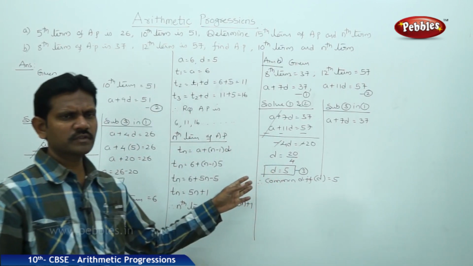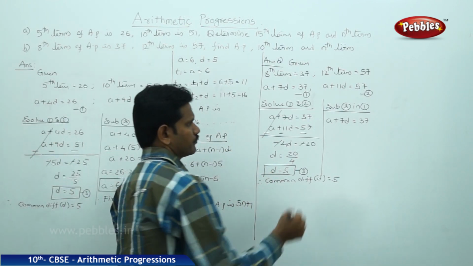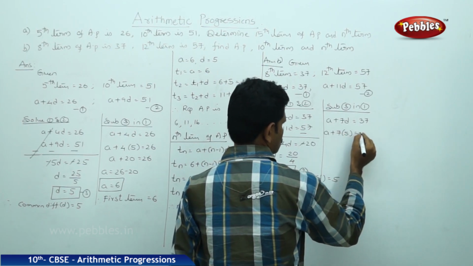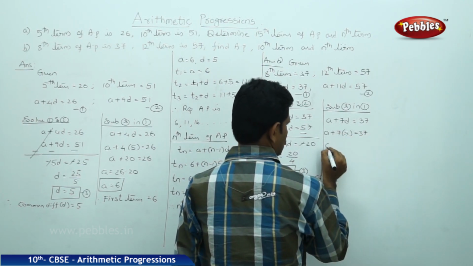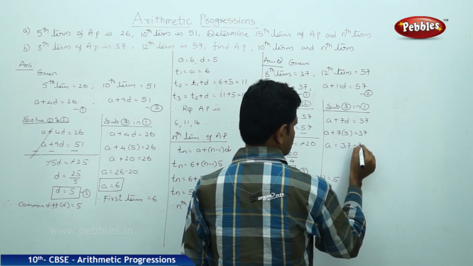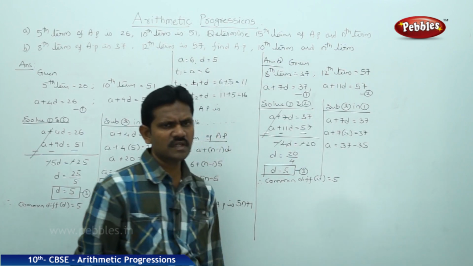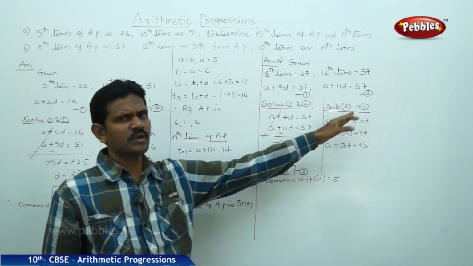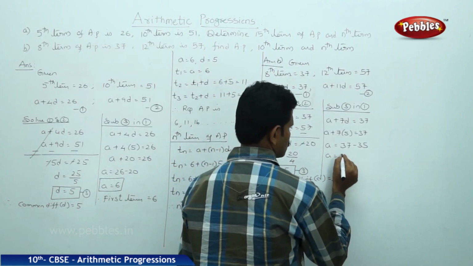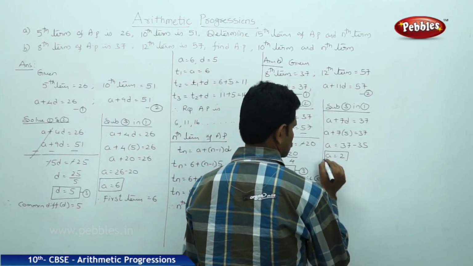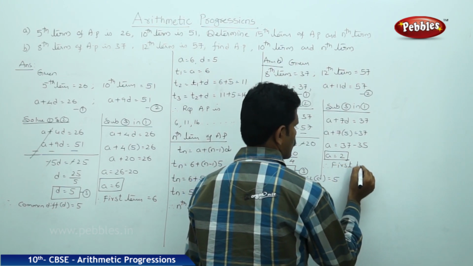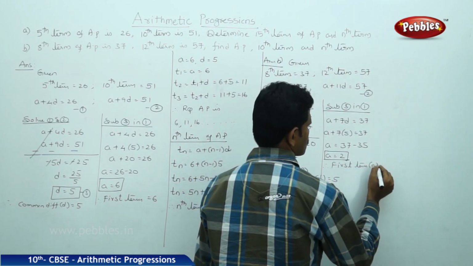Now I know the value of d, substitute 5 in place of d. a plus 7 times 5 is equal to 37. a is equal to 37 minus 35, because 7 fives are 35. The plus 35 moves to the other side, meaning minus 35. That is a is equal to 2. Therefore the first term a is equal to 2.